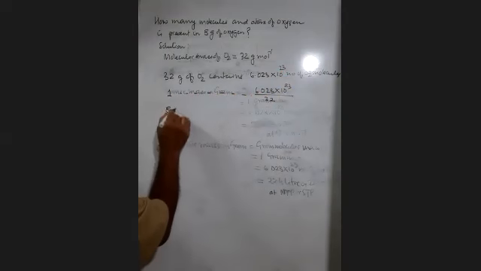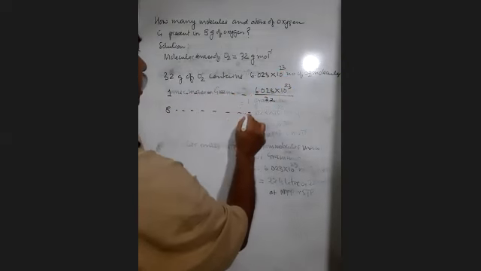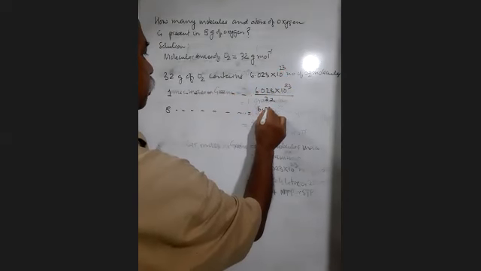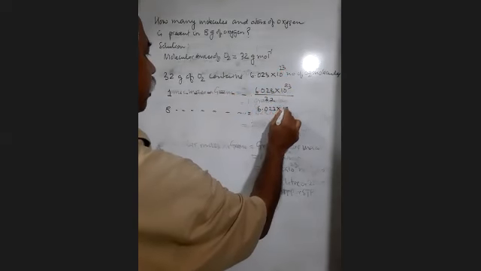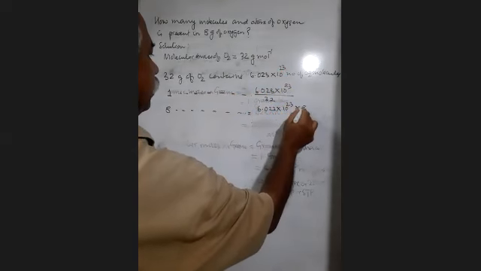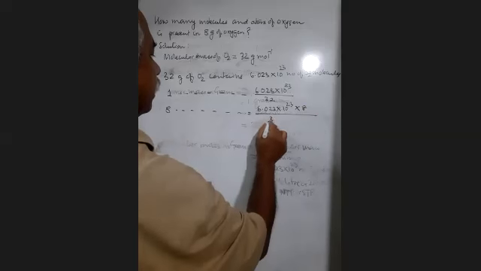So 8 gram will contain 6.023 into 10 to the power 23 into 8 divided by 32.